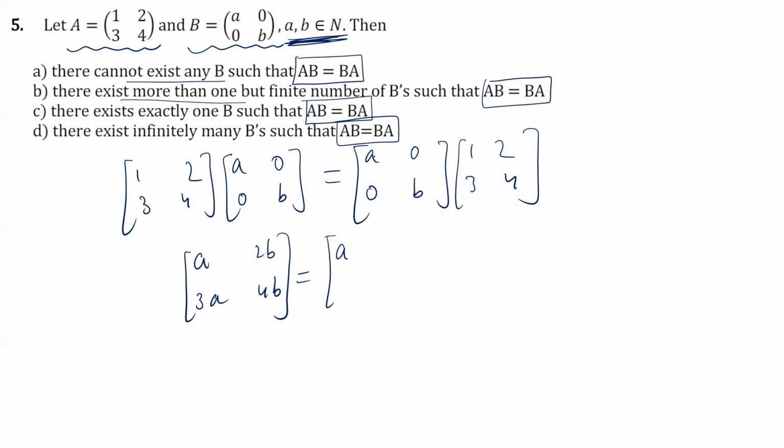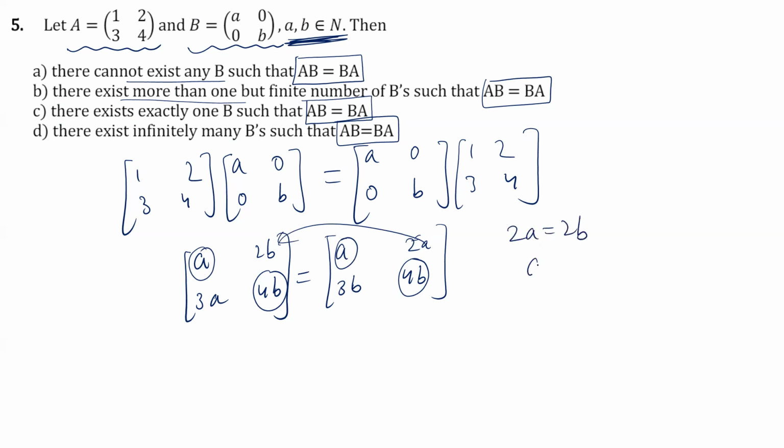So this will be A into 1 and A into 2, so this will become 2A. And 0 into 1, 3 into B and 4 into B. So if you compare this, 4B, 4B same, A equals A same. But from here you are getting 2A equals 2B. So this means A equals B. And from here also you are getting 3A equals 3B, A equals B.